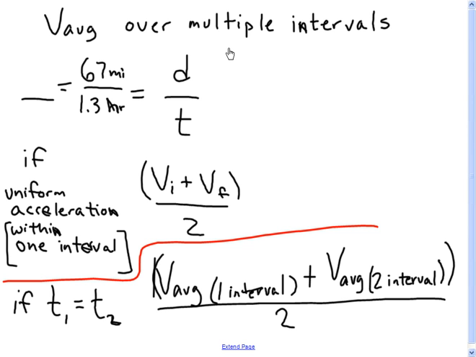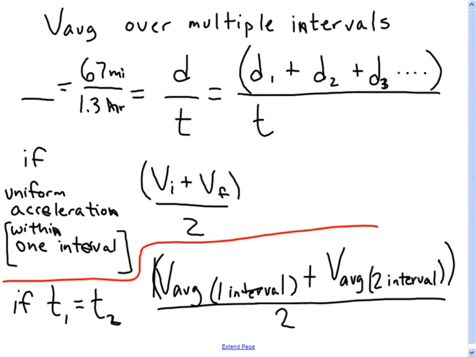Be sure you don't use one of these second two ways to find average speed in a time where it wouldn't work. Now, sometimes, in order to find distance and time over multiple intervals, what you will need to do is find the distance in each interval and add it all up, and the time in each interval and add it all up.